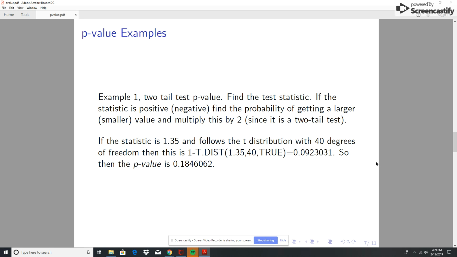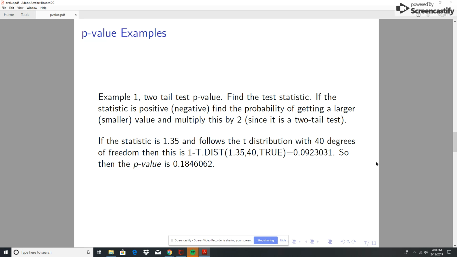So let's suppose you have a test statistic of 1.35 and it follows the t-distribution with 40 degrees of freedom. Then what we're going to find is the probability of getting something larger than 1.35. That would be 0.0923. Within Excel, you could type in what you see there, 1 minus t.dist, and then inside the parentheses you have the parameters 1.35, 40 for 40 degrees of freedom, and true, meaning you're running the cumulative value there.